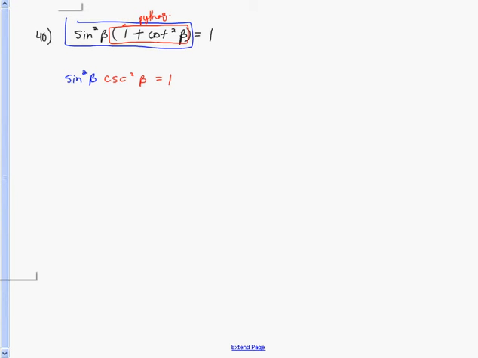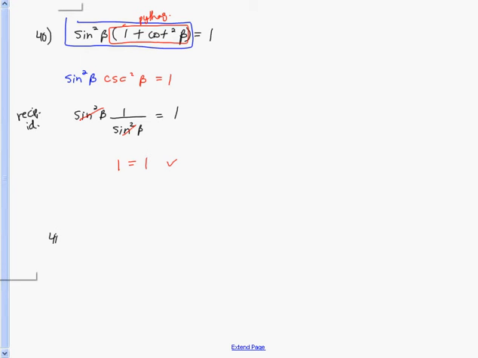Now, by my reciprocal identities, cosecant squared of beta is equal to 1 over sine squared of beta. And then sine squared divided by sine squared is just 1. So 1 equals 1, and number 40 is complete. Very good.